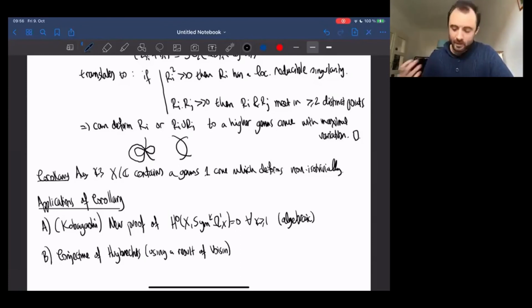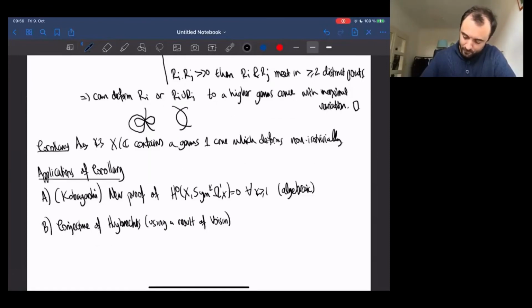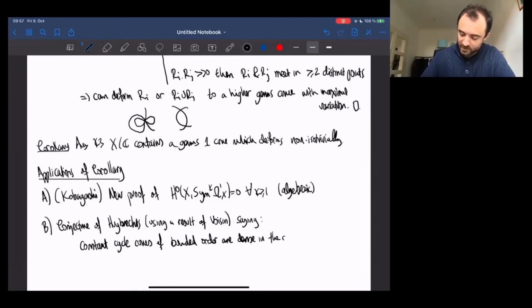We just, knowing the existence of one genus 1 curve which deforms non-isotrivially, with what Voisin proved, conclude this conjecture of Huybrechts that basically says constant cycle curves of bounded order are dense in the classical topology.